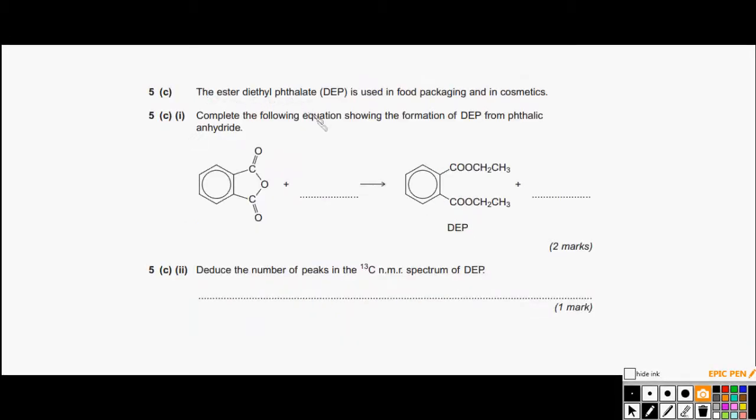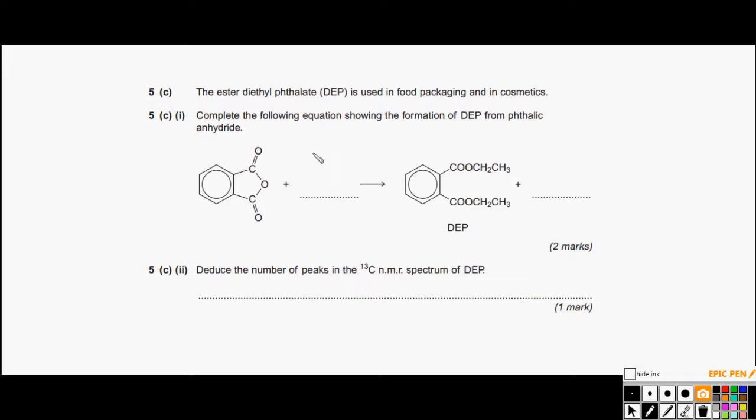The ester diethyl phthalate (DEP) is used in food packaging and in cosmetics. Complete the following reaction showing the formation of DEP from phthalic anhydride. So we have an acid anhydride and it's being turned into an ester during this reaction, so we should know that an acid anhydride plus an alcohol gives us an ester. And we have 2 carbons, so our alcohol needs to have also 2 carbons.